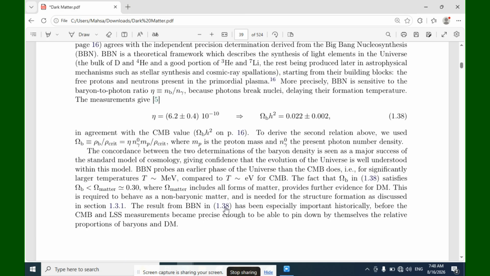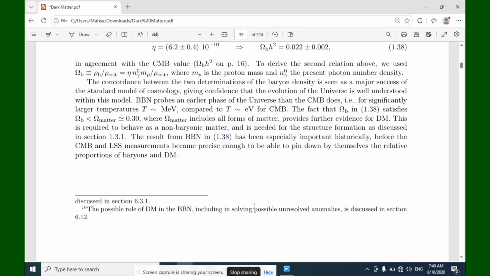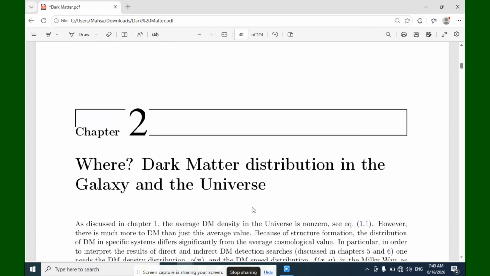This is required to behave as non-baryonic matter and is needed for structure formation, as discussed in section 1.3.1. The result from Big Bang nucleosynthesis in 1.38 has been especially important historically, before the cosmic microwave background and LSS measurements became precise enough to pin down by themselves the relative proportions of baryon and dark matter.